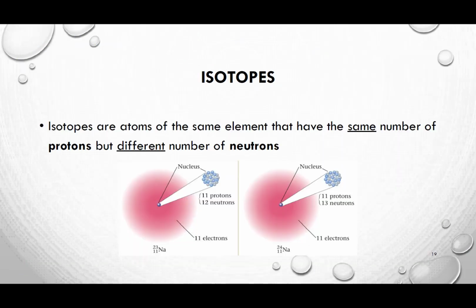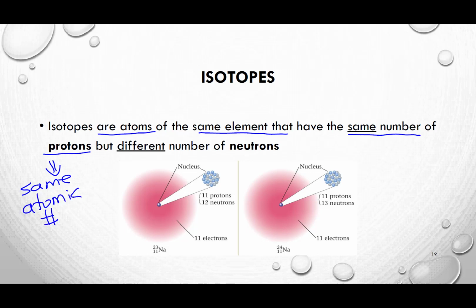Now let's talk about isotopes. Isotopes are atoms of the same element with the same number of protons, or same atomic number, but different number of neutrons or different mass number.